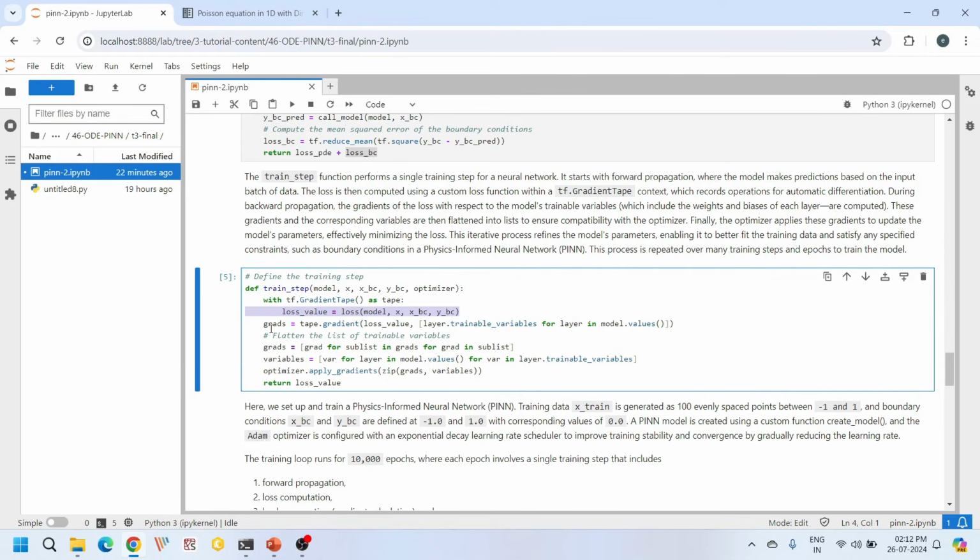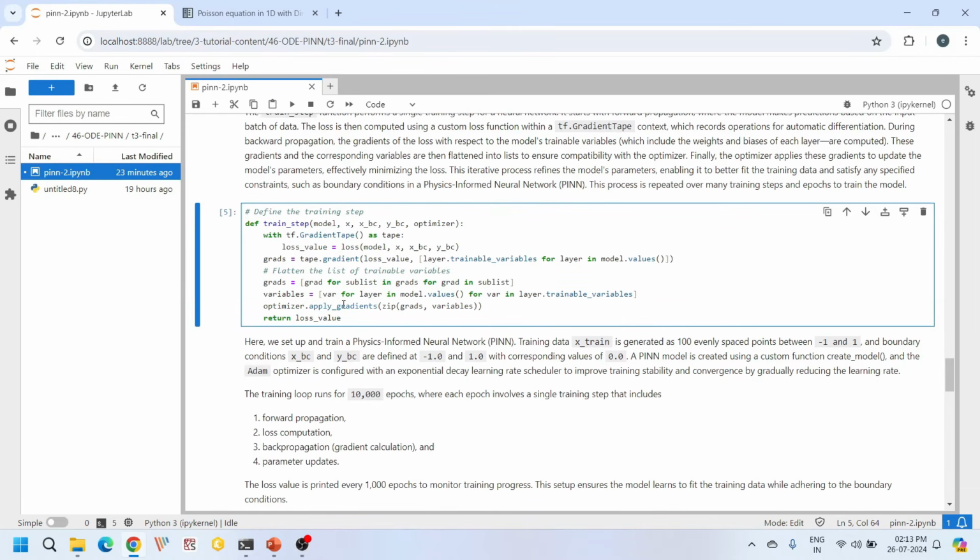During back propagation, we evaluate the gradients of the loss with respect to all model training variables. Here, the training variables include all the weights and biases in each layer. And finally, we apply the gradients to the optimizer to update the parameters inside the neural network.